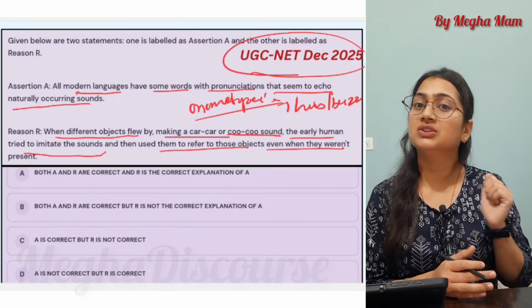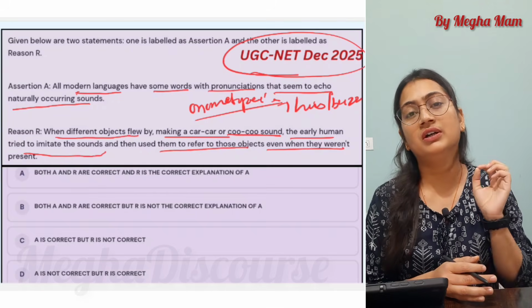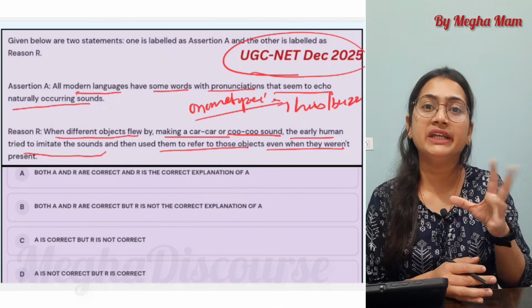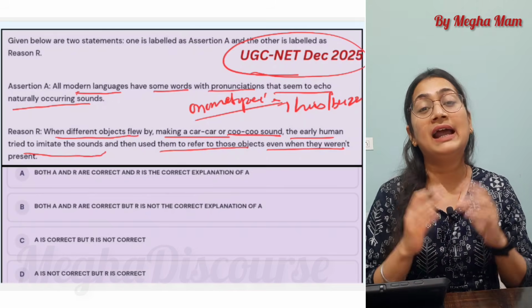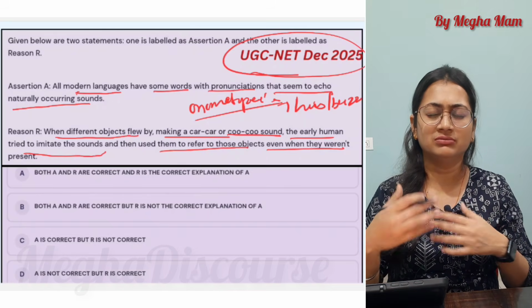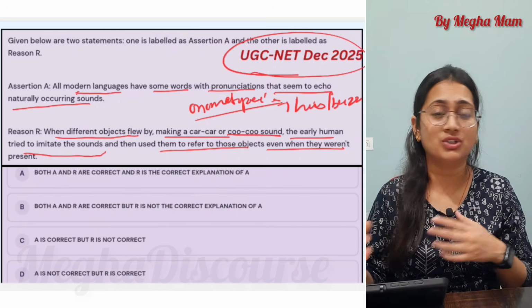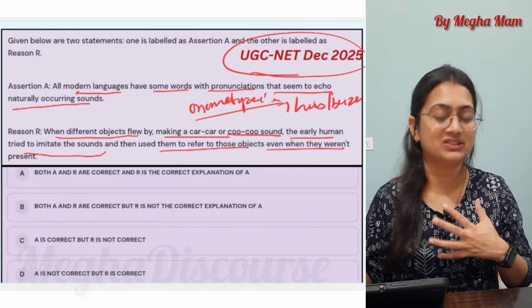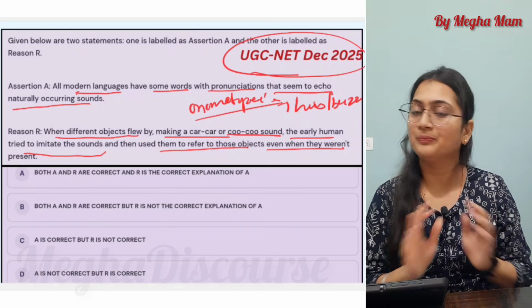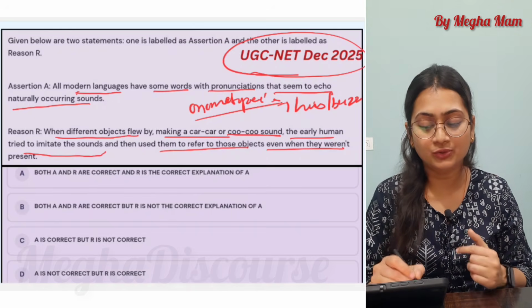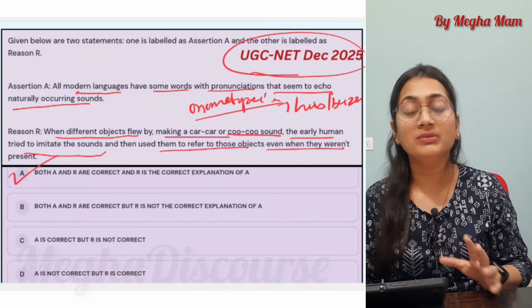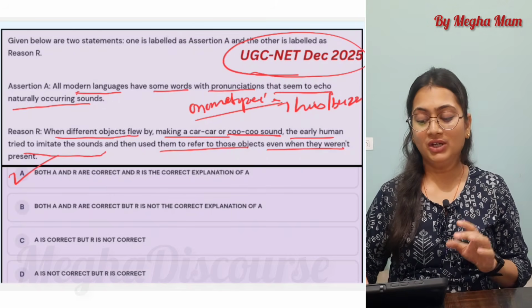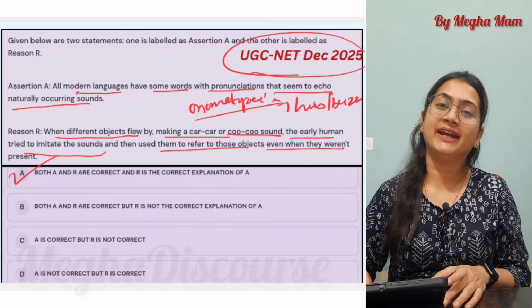So there is a sound system before understanding language, words, meanings, letters. They imitated nature and animals, and slowly and steadily they evolved their language and produced their words. So the assertion is right, the reason is right. Our option is A. This is your question from UGC NET December 2025, and here our lecture ends.